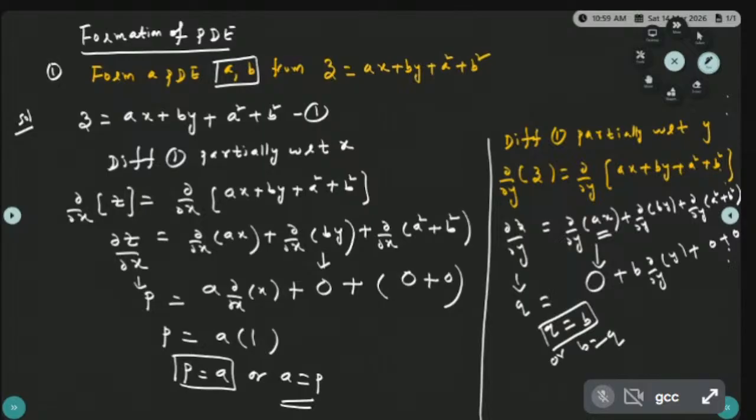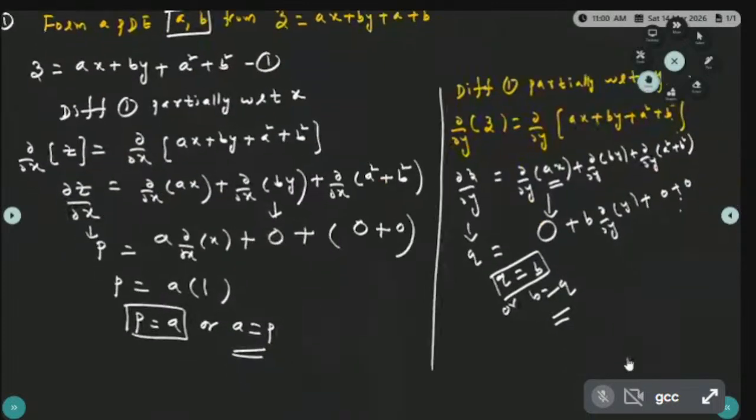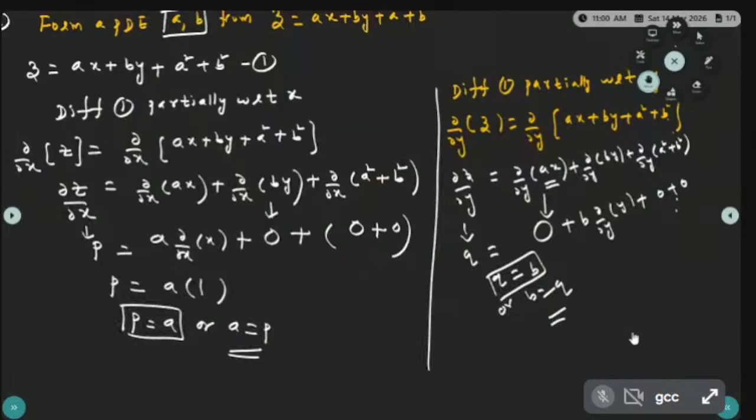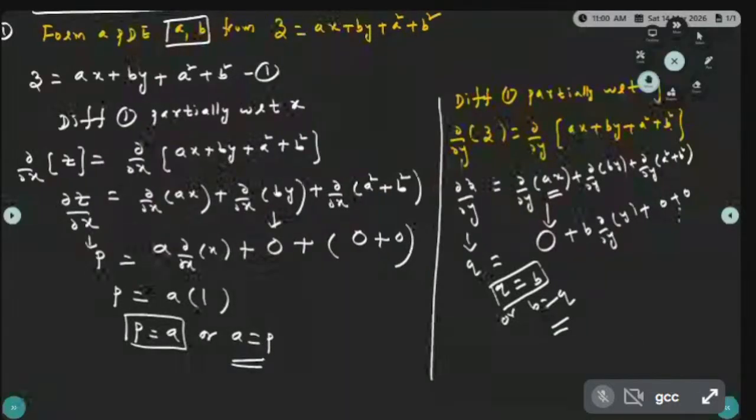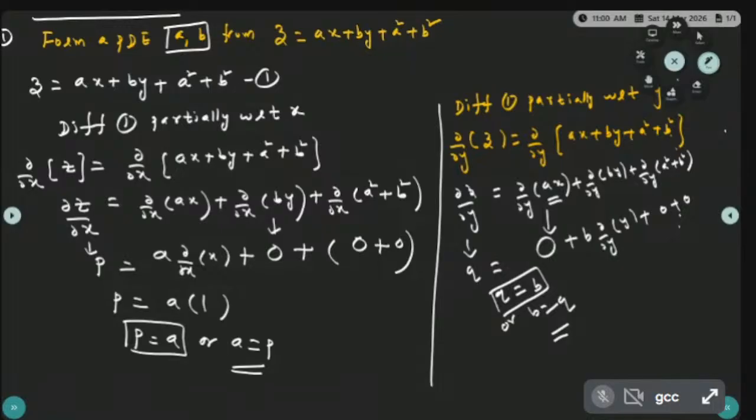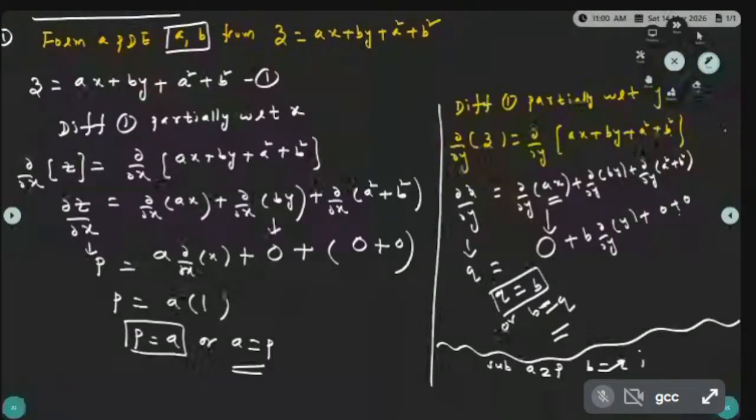Now, what are the two results that we obtained? A equal to P, B equal to Q. Now substitute A equal to P, B equal to Q in 1.